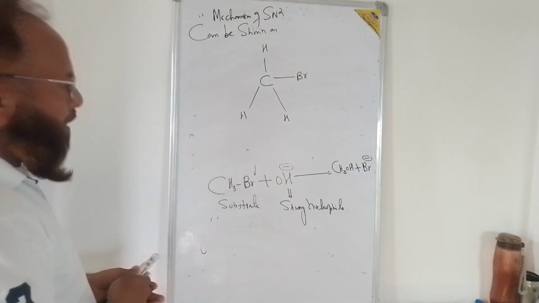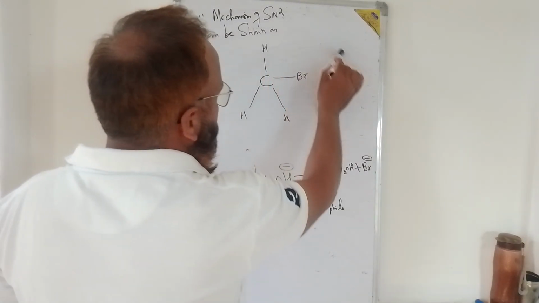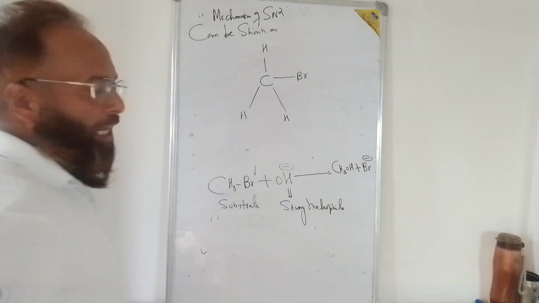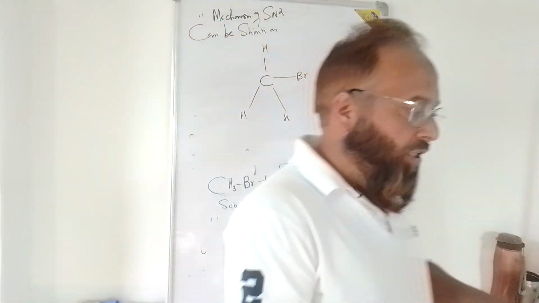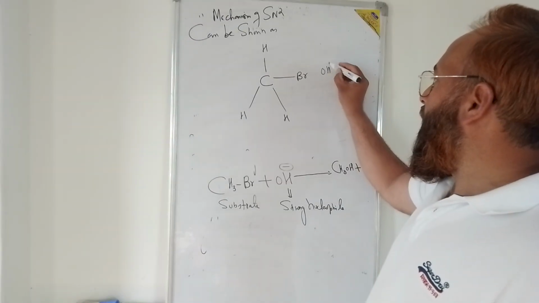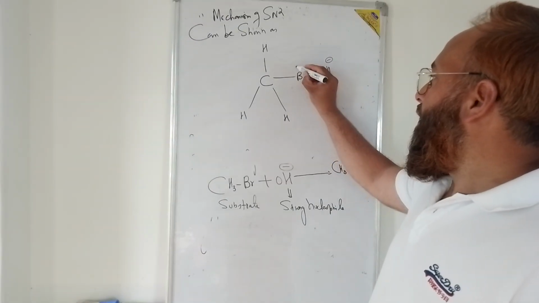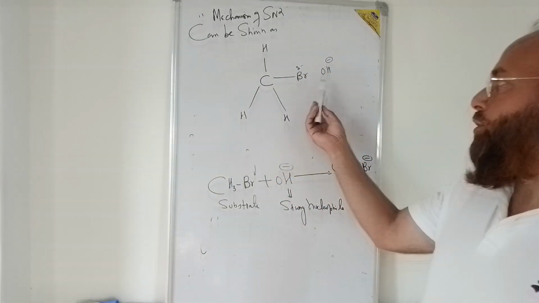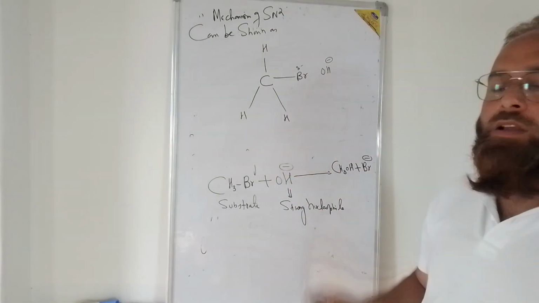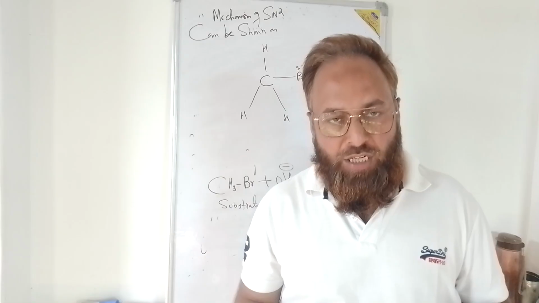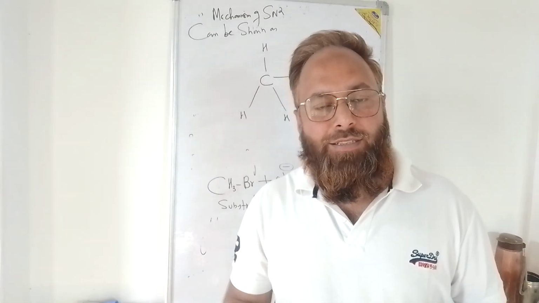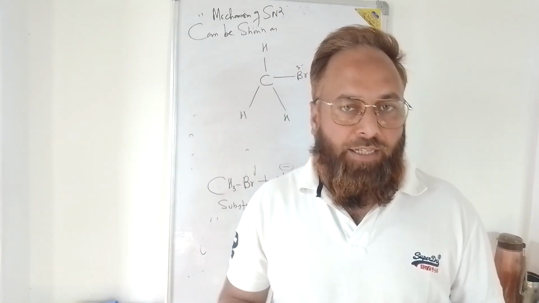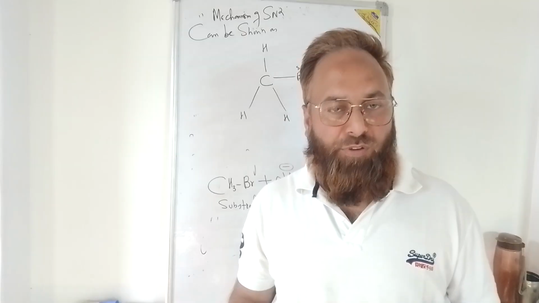Now OH does not come along the Br side because Br is a nucleophile, and OH is also a nucleophile. If OH comes along the Br side, then repulsions are created because Br shows negative charge and OH also shows negative charge. Both contain high electron density and repulsion is created, no product is formed.